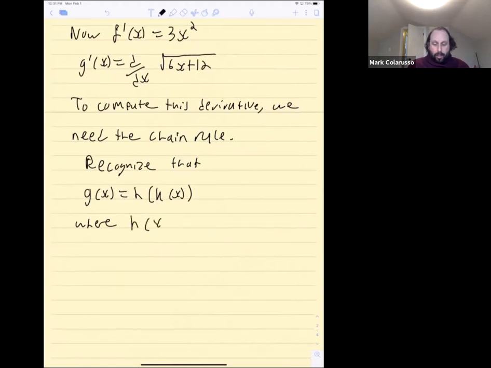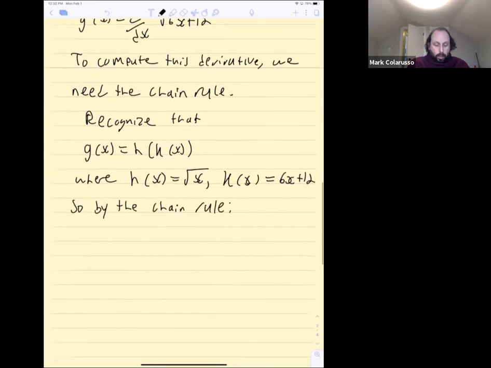So h at x is the square root function, and k at x is 6x plus 12. By the chain rule, g prime at x is h prime evaluated at k at x times k prime at x.